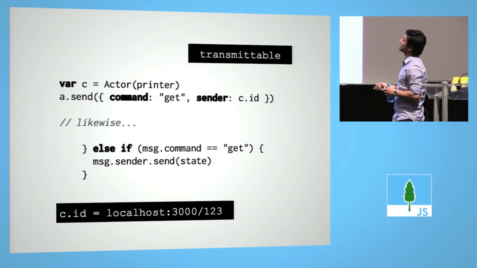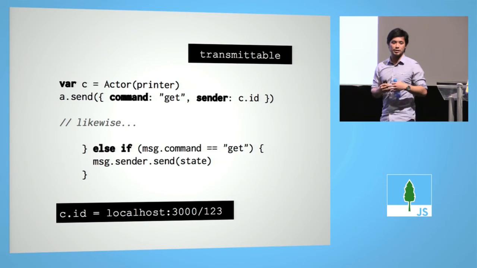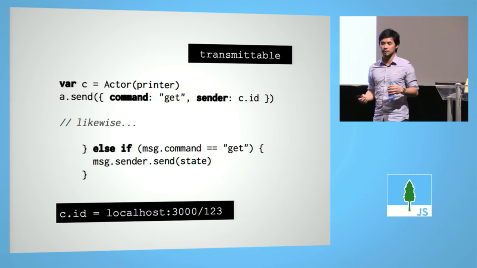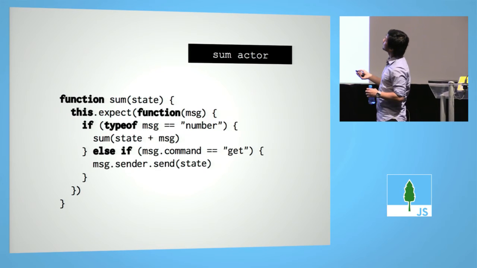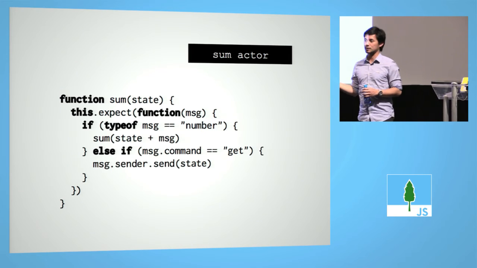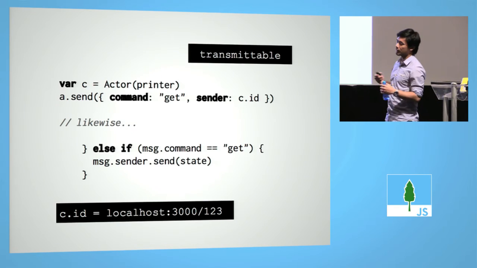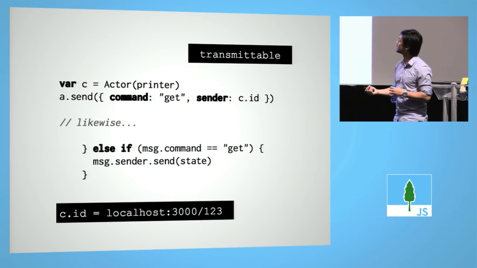The problem here is that this is still not distributed across machines. If you look at message.sender, that's an instance of an actor, and you can't send that across the wire. But what we could do is have IDs for each actor and a lookup table that matches a particular ID to an instance of that running actor.